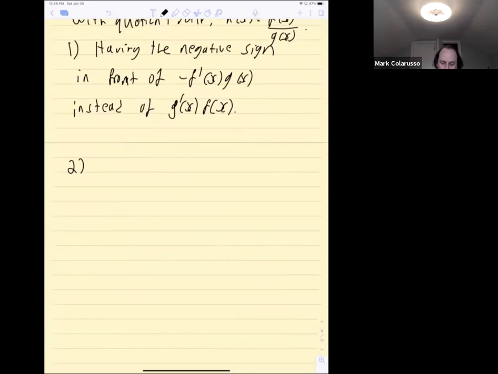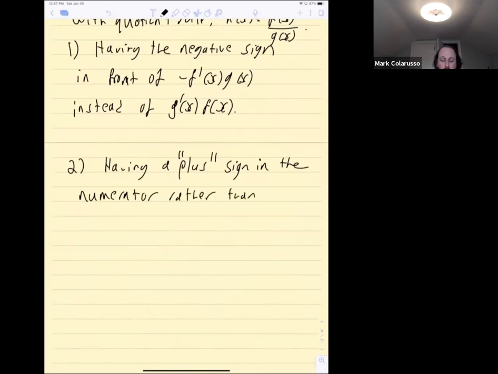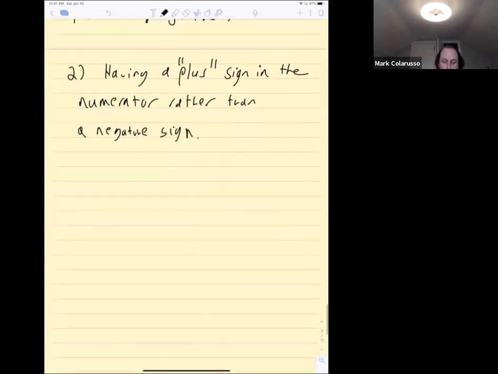So, which is even worse. Having a plus sign in the numerator rather than a negative sign. So what do I mean by that?